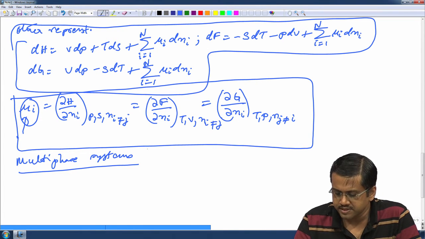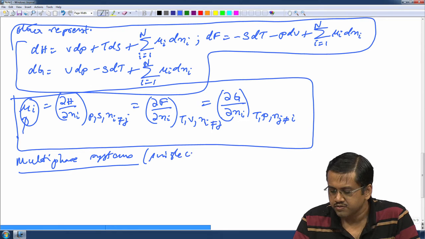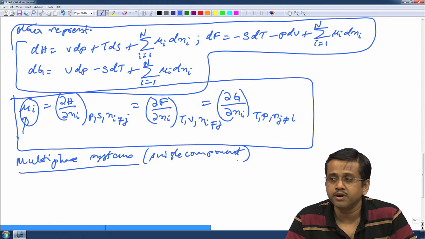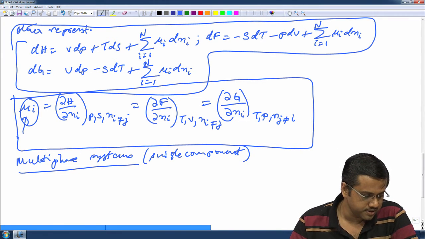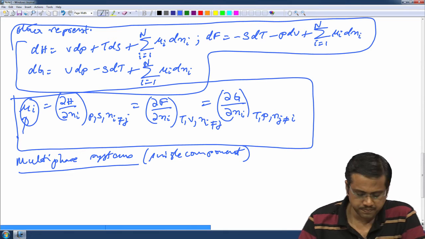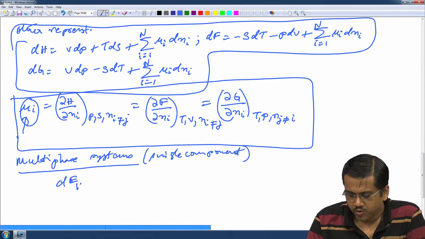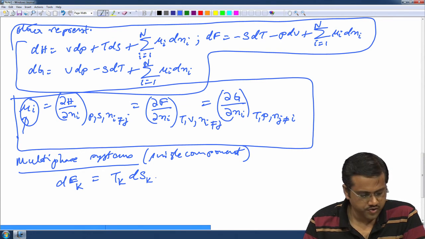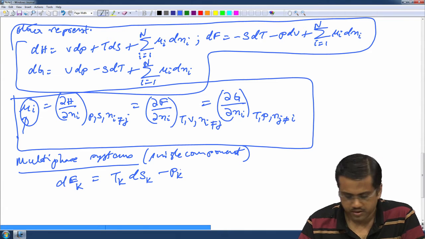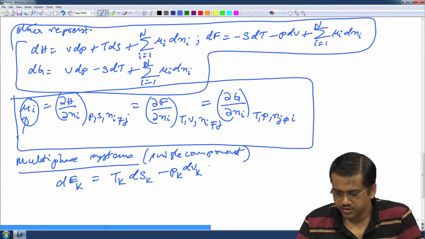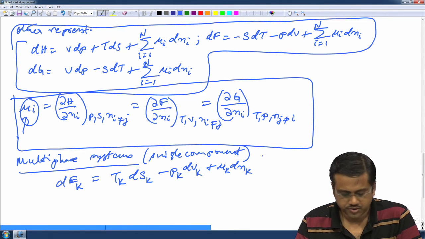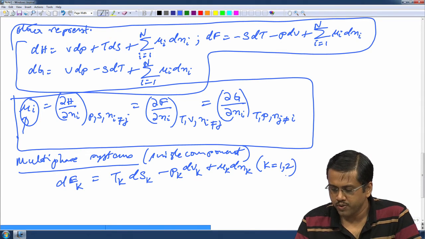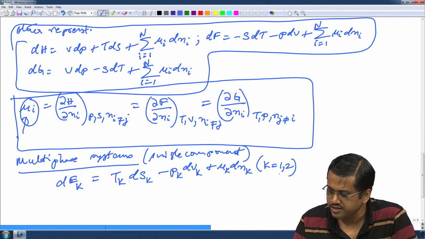In a multi-phase system, say it has a single component for simplicity. A multi-phase system, as I told you in the first lecture, can be of multi-component nature as well. Now, in a multi-phase system, we can write the same internal energy as T_k dS_k minus P_k dV_k plus mu_k dN_k, for k equal to 1, 2, where 1 and 2 are the two phases.